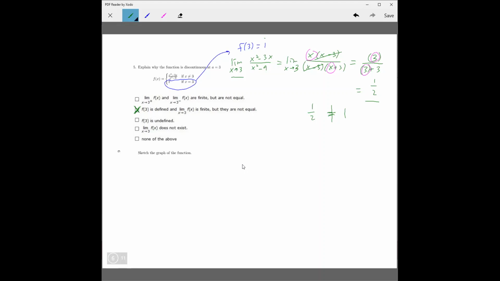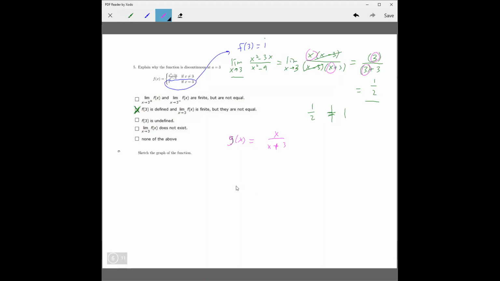What happens is this sort of thing right here is a good example of a removable discontinuity. When you're able to cancel stuff up like this, and it just reduces down to this, if we just try to graph the function x over x plus 3, that will be a good indication.